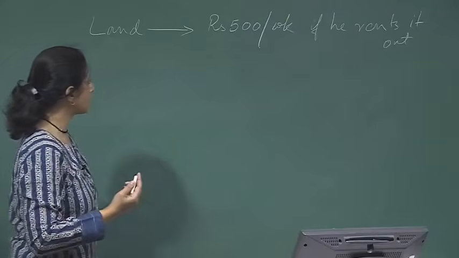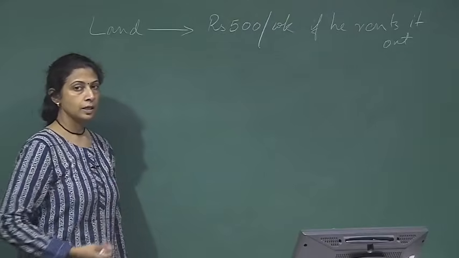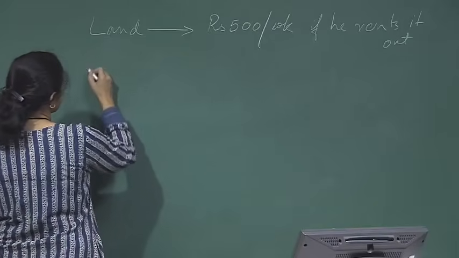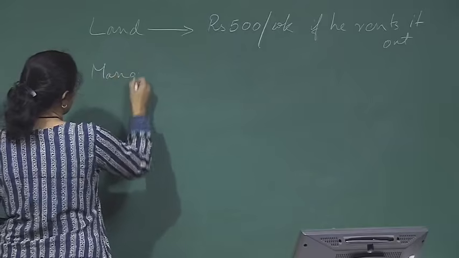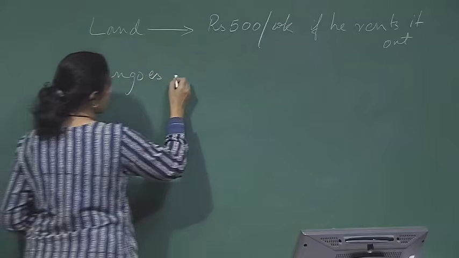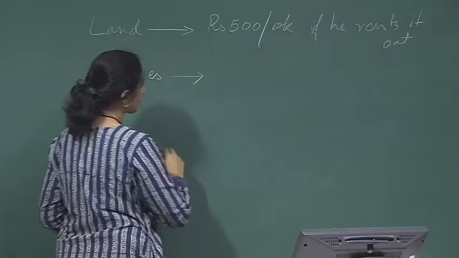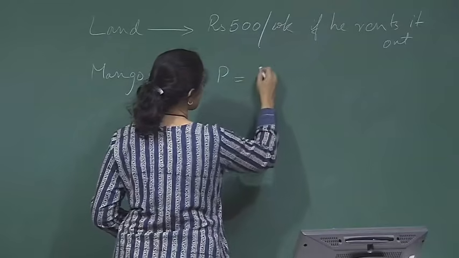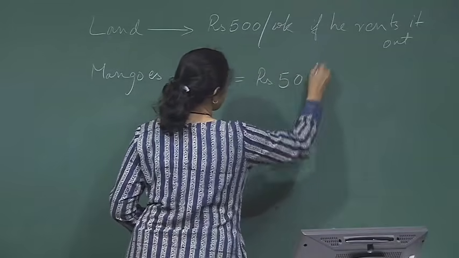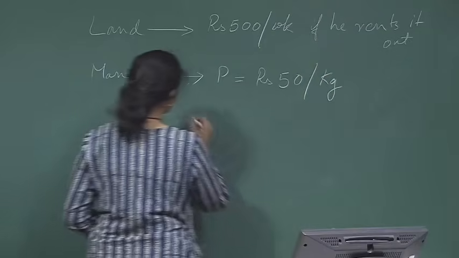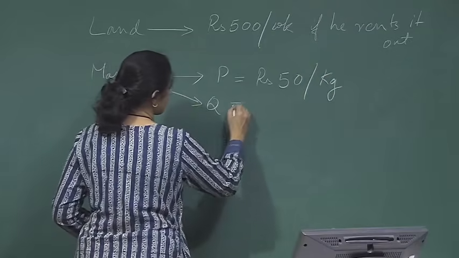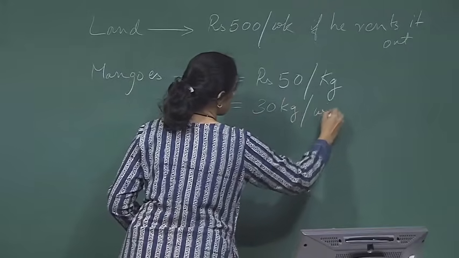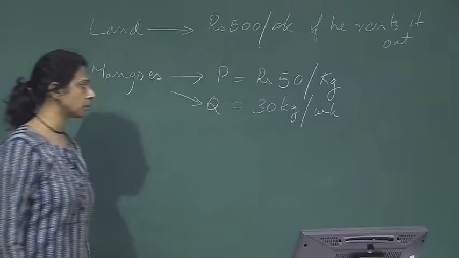So say, for example, if he uses this piece of land, he is producing mangoes, and the price of mango in the market is, say, rupees 50 per kg. He produces, say, 30 kgs per week. He sells in the market.